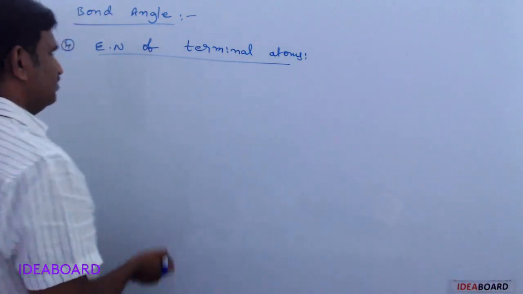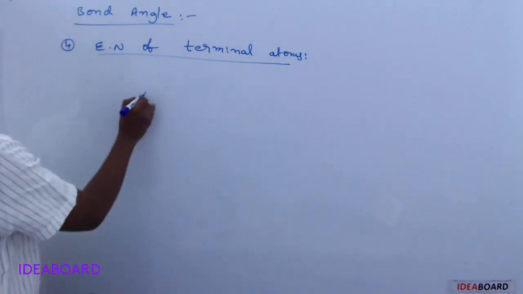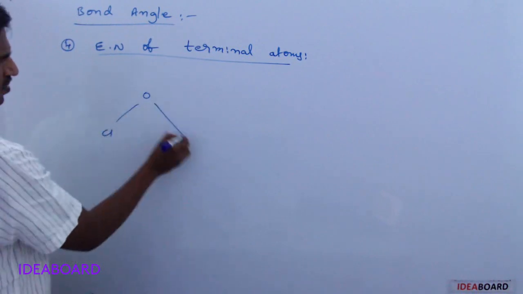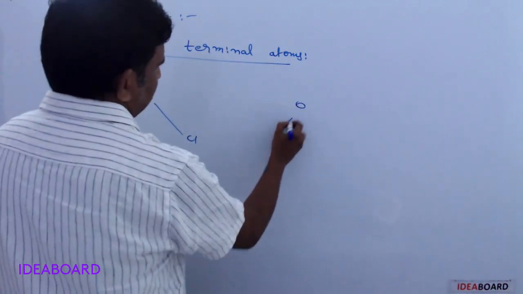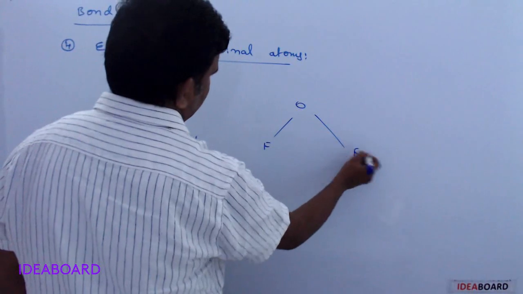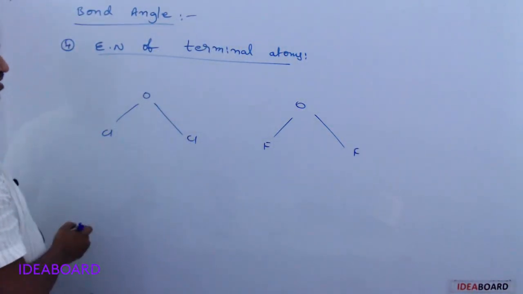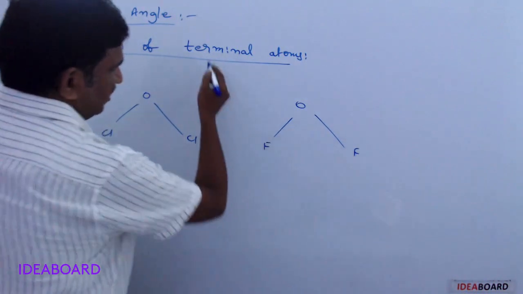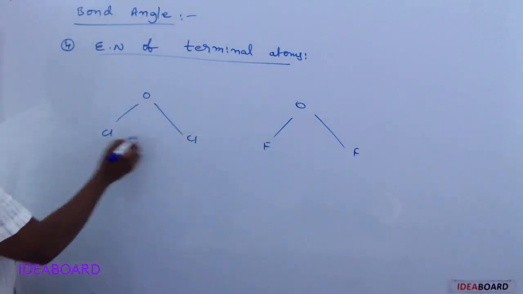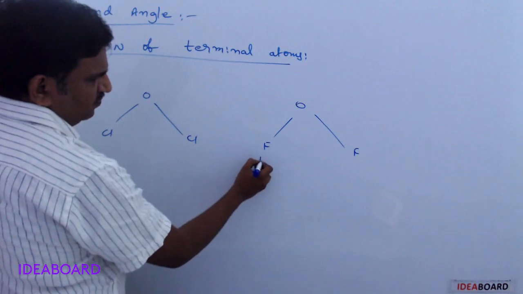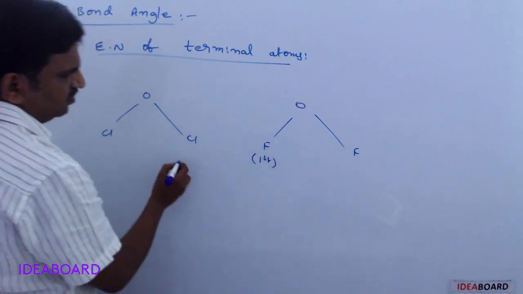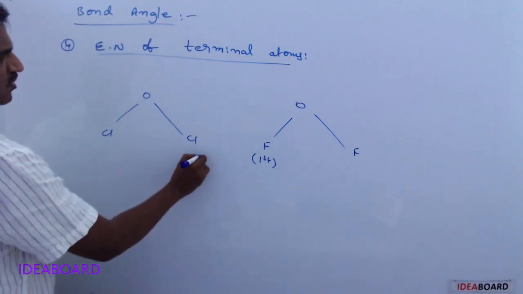Electronegativity of the terminal atom, that is the next point. Here I am taking OCl2 and here OF2. In these, the chlorine atom and the fluorine atom are the terminal atoms. When chlorine and fluorine are compared, fluorine is the first most electronegative element.